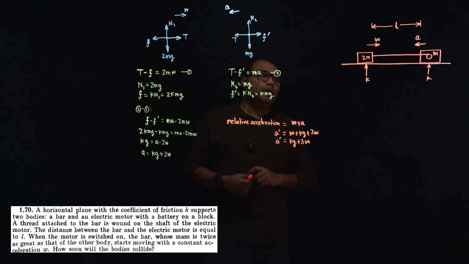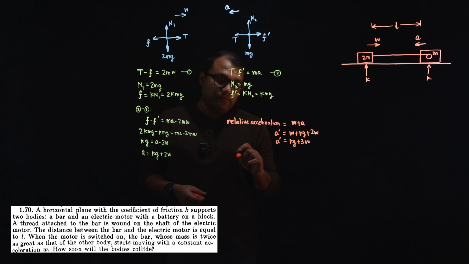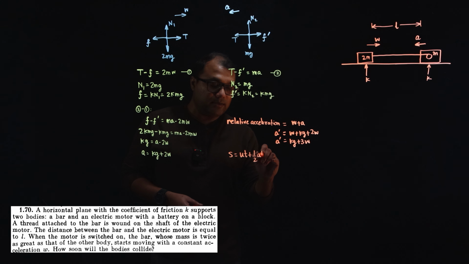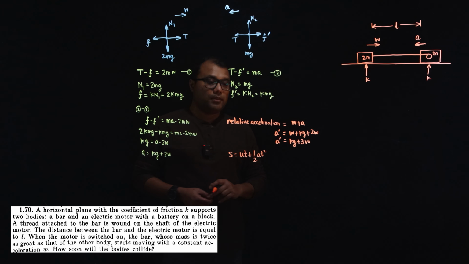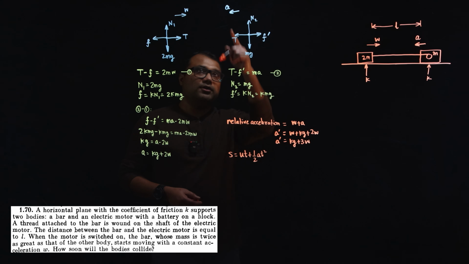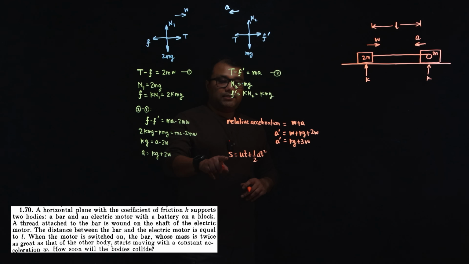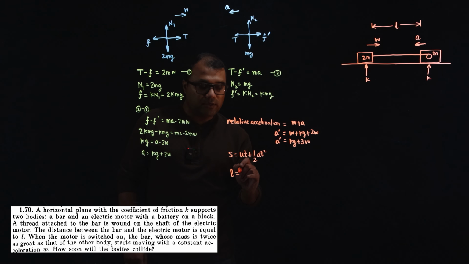Now we know for uniform, constant acceleration, we can use this formula s equals ut plus half at square. Because I have already used A, let me just write A dashed t square. Now s is the length to be covered, L. Initial velocity u is 0, and this becomes half A dashed t square.